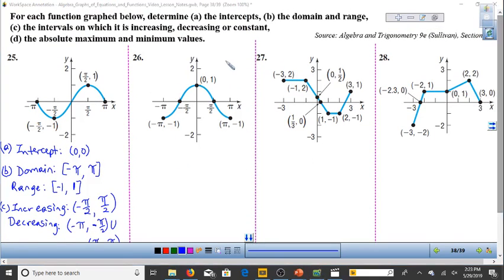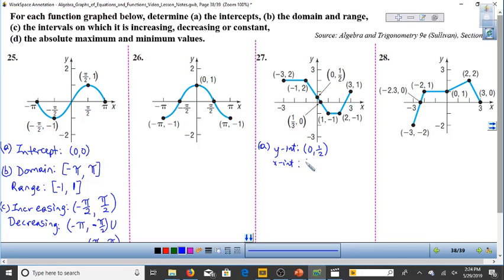I leave you to do number 26 on your own while we look at number 27. For number 27, you can see that the graph has a y-intercept at (0, 1/2), and the x-intercepts are not very easy to see.